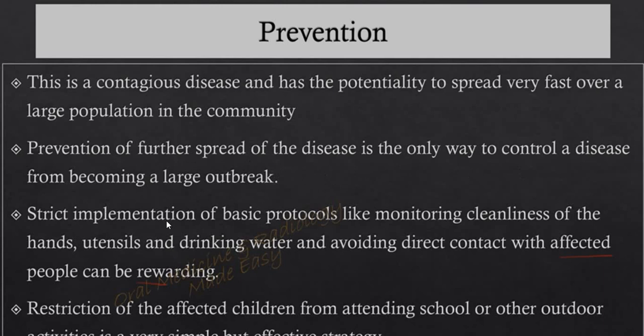So strict implementation and monitoring of cleanliness of hands, utensils, drinking water, and avoiding direct contact with the affected people can be rewarding. Restriction of the affected children from attending school or other outdoor activities, by which they can easily spread this disease to other children, should be taken care of.